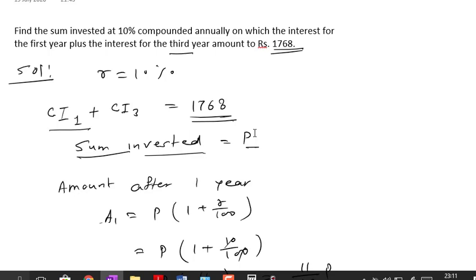Instead of using the formula for simple interest, I found the amount after each year and then subtracted the amount one year before to get the interest. That way also you can do.